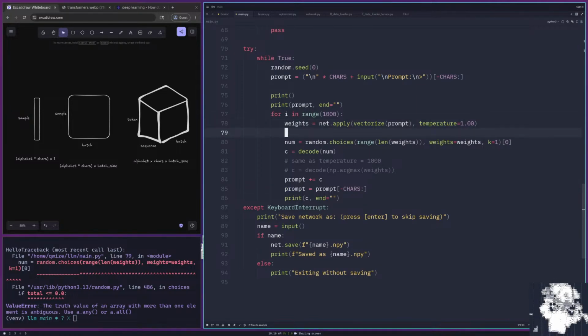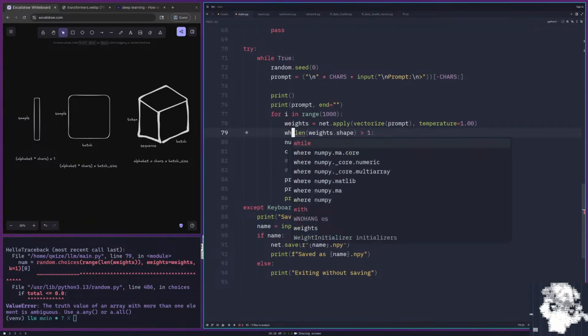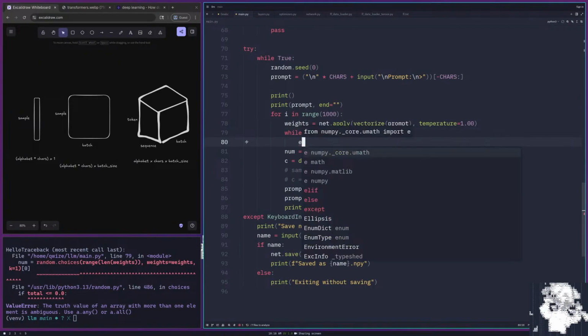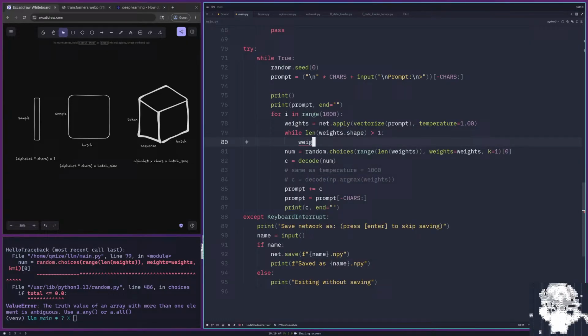So here I can just say if weights dot shape is greater than 1, let's do while... just do if.